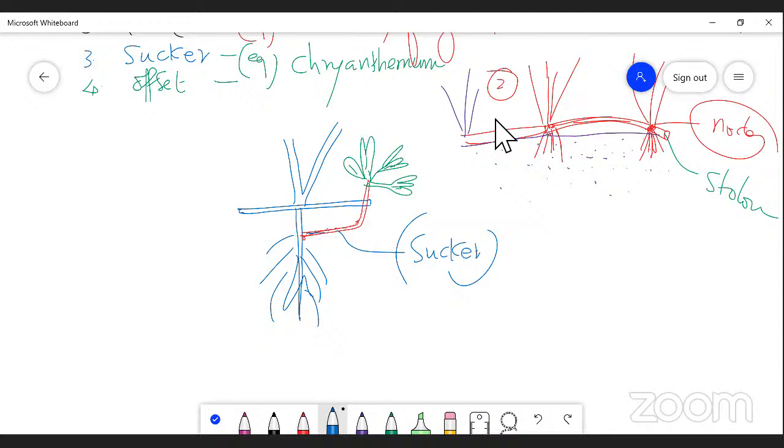The next category is offset. Offset grows in hydrophytic, aquatic form in nature. Now this is a water, aquatic form. You can draw the structures.